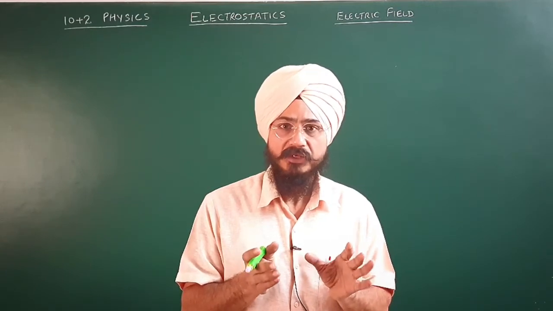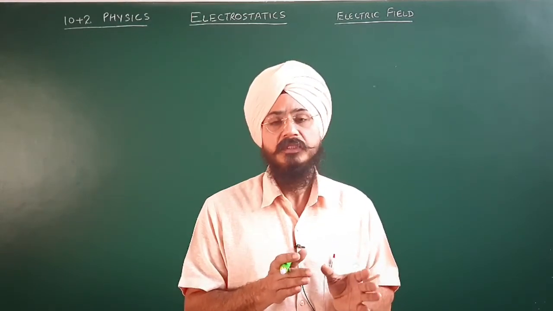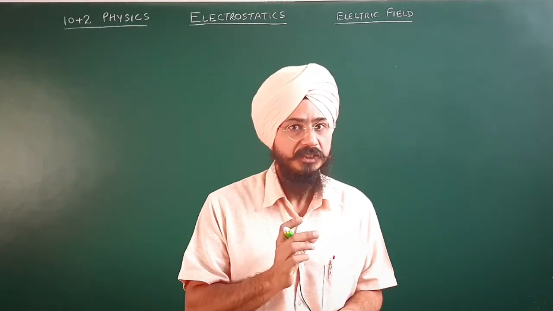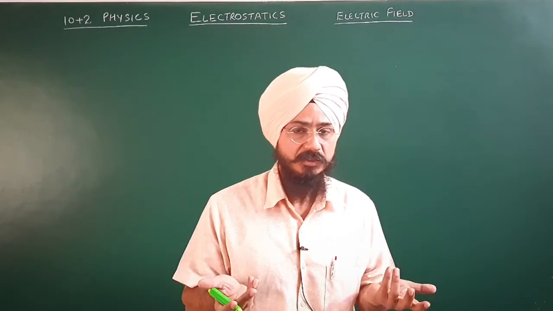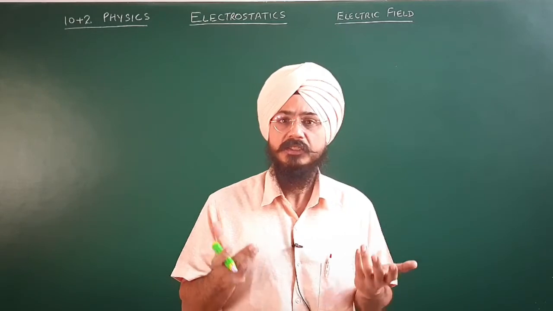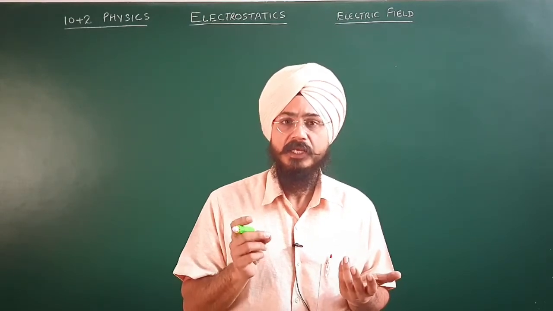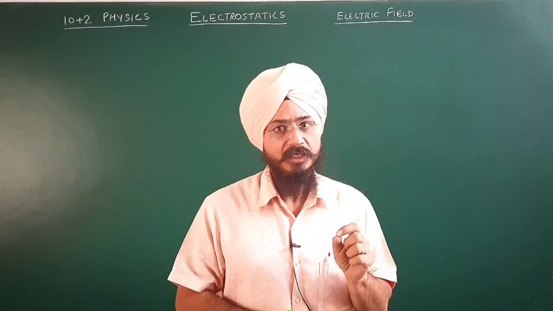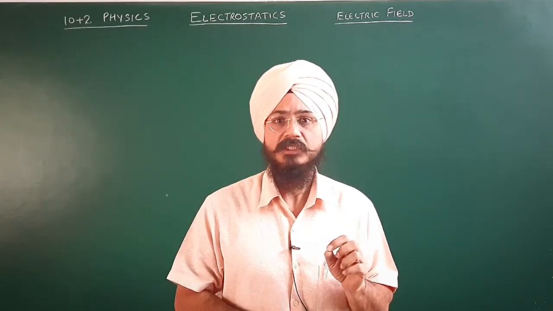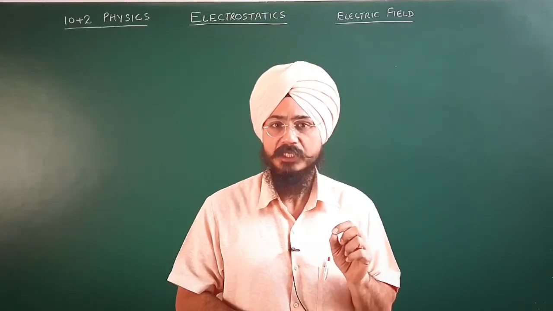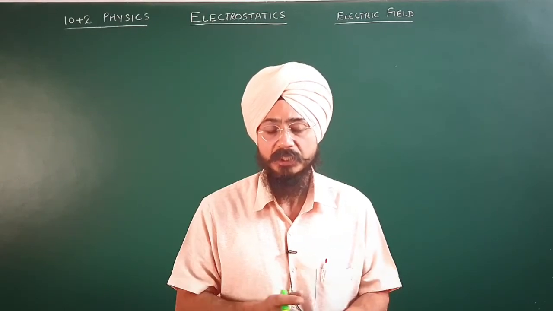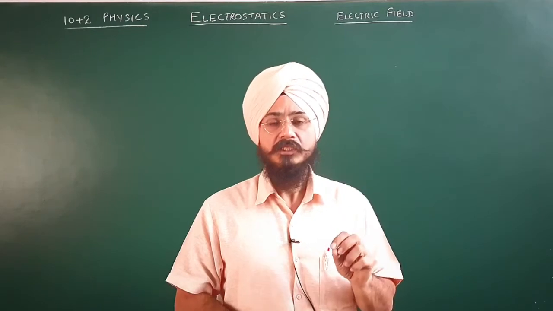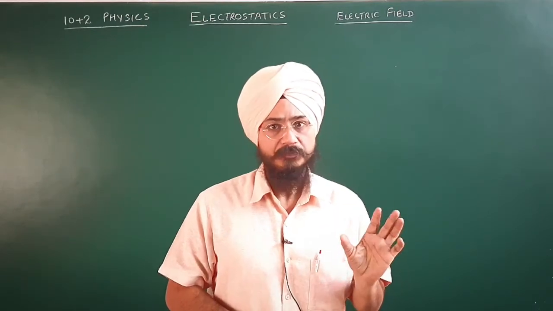So what we have earlier done is calculate the electric field from point charges. The electric field can be found by Coulomb's law only when the charges in question are point charges and stationary charges. Or you may say Coulomb's law is applicable to stationary point charges only.